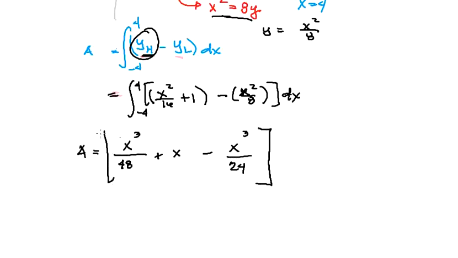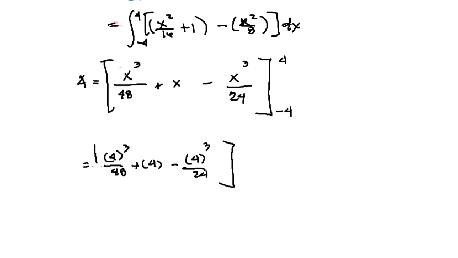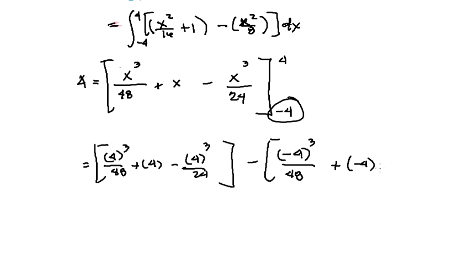Then our limit is from -4 to 4, so applying the limits, we have 4 cubed all over 48 plus 4 minus 4 cubed all over 24, then minus the lower limit, we have -4 cubed all over 48 plus -4 minus -4 cubed all over 24.